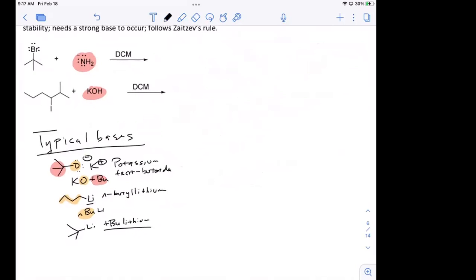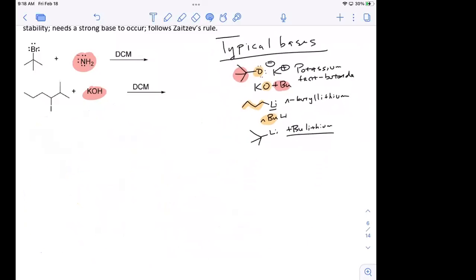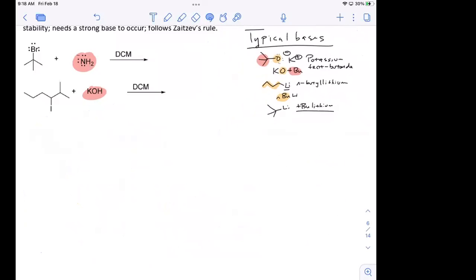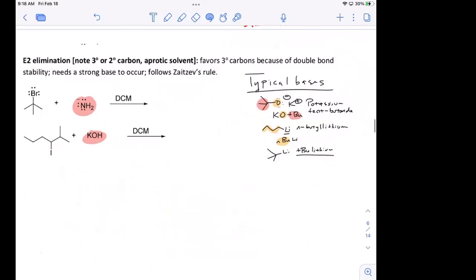Simply because the base is what facilitates the proton transfer that leads to the ejection of your leaving group. We'll put the products in later. So you need a strong base. This actually works better with tertiary or secondary carbons. Primary is not so much.